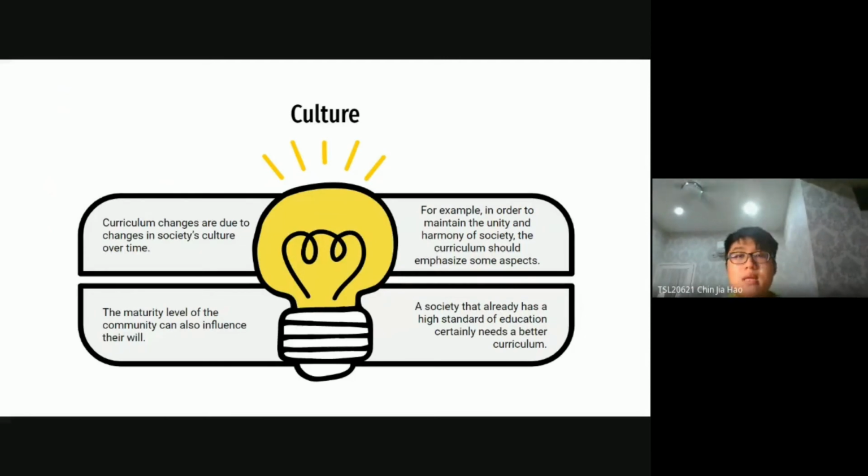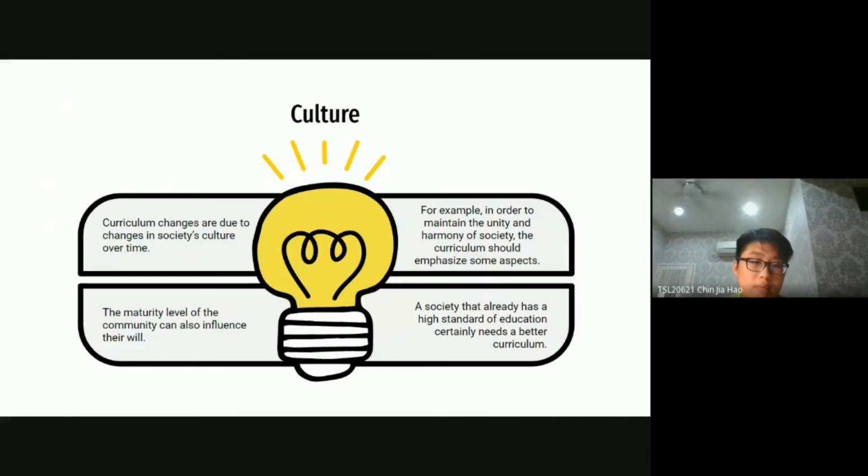So, for example, in order to maintain the unity and the harmony of society, the curriculum should emphasize some aspects to make sure that students understand certain values such as respecting each other and knowing other religions better. So these are the values or aspects that could meet the aim of the society.